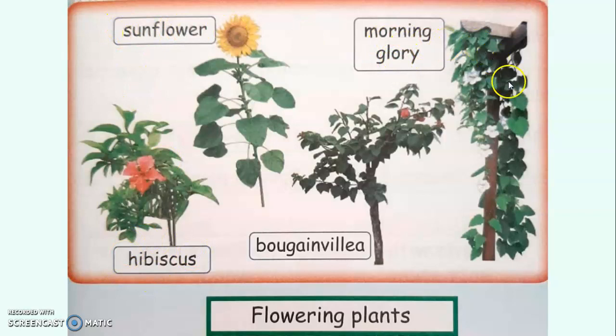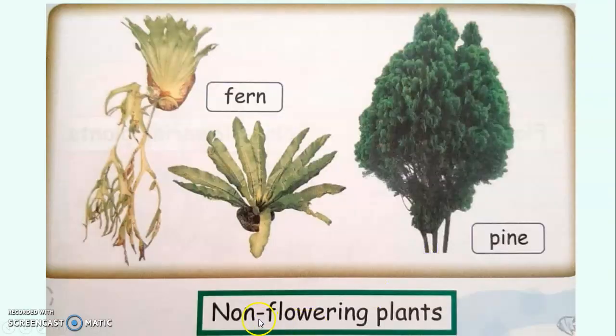Morning glory. All these plants have flowers. Non-flowering plants. Okay, tumbuhan yang tidak mempunyai bunga. All these plants don't have any flowers. Dia tak ada bunga langsung. For example, fern and pine.